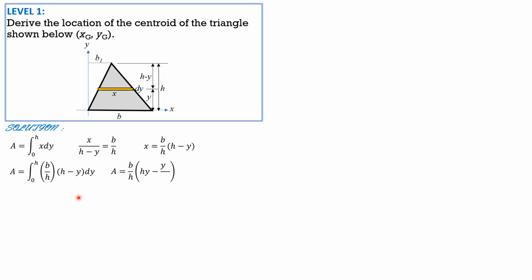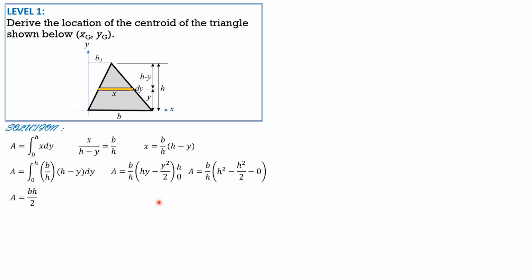So b over h times hy minus y squared over 2 from 0 to h. That means area is b over h times h squared minus h squared over 2 minus 0, the lower limit. Since h squared minus h squared over 2 is h squared over 2, cancel h, so area is bh over 2. Of course, you know the area of a triangle.